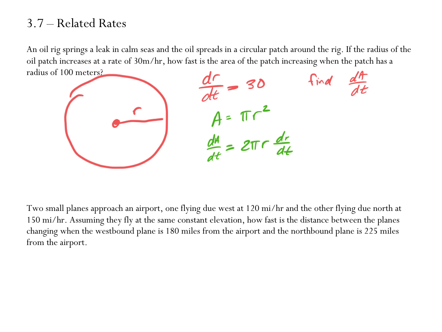All right, so if we want to find the change in the area over time, we need to know at what point in time, which in this case we've described as the radius being 100 meters. So now I say, well, I want to find dA/dt. I know the radius is 100, and I know that the radius is changing at a rate of 30 meters per second.